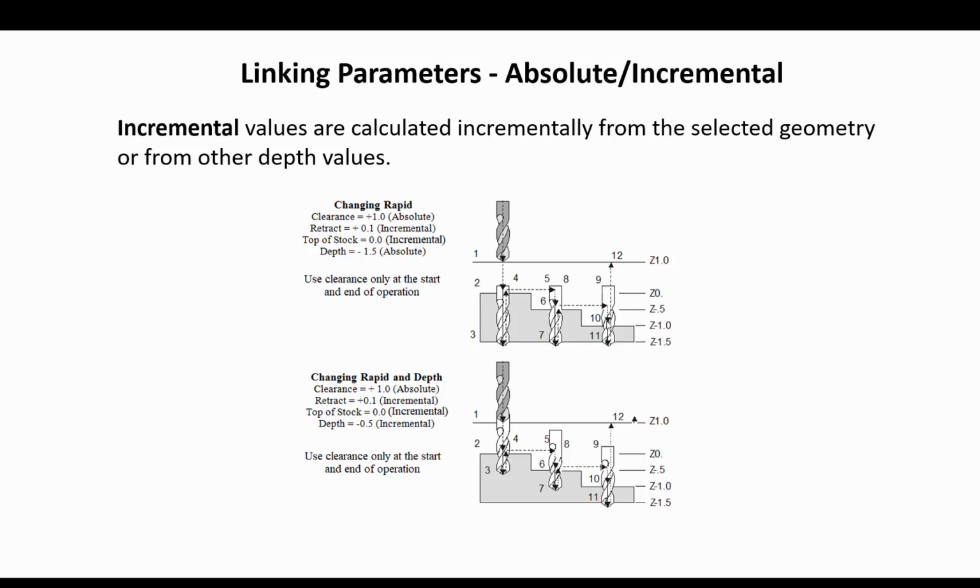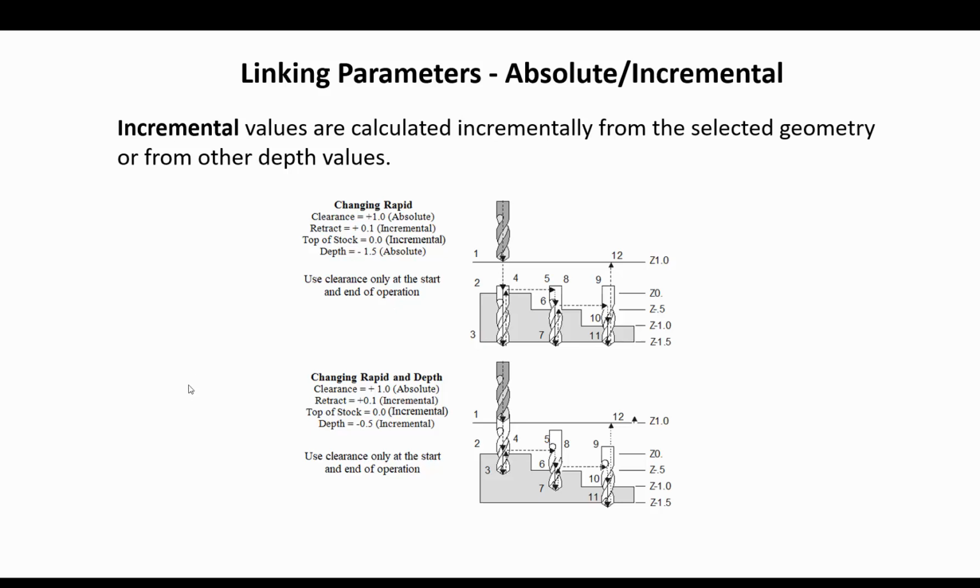Rapid down 100 thou above the new top of the stock. We'll start with feed rate and machine the hole, and then we'll retract back to the clearance level. It doesn't retract to the clearance level between each hole because we have use clearance only at the start and end of operation enabled.